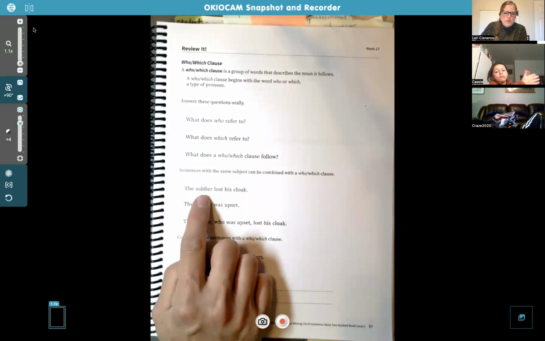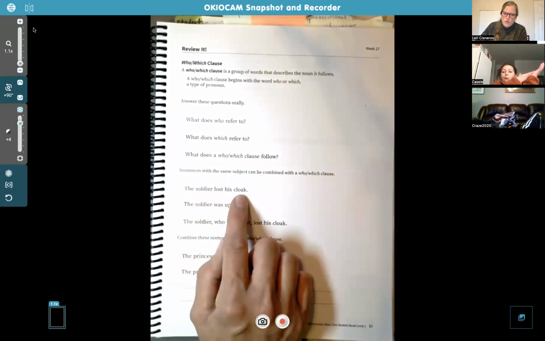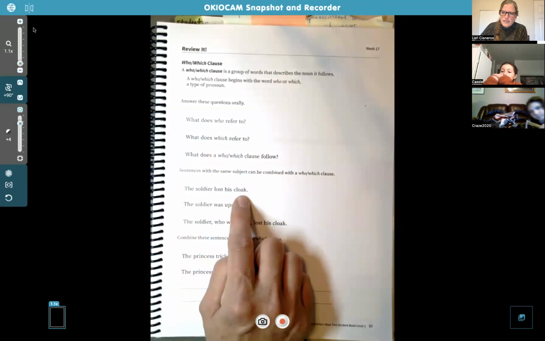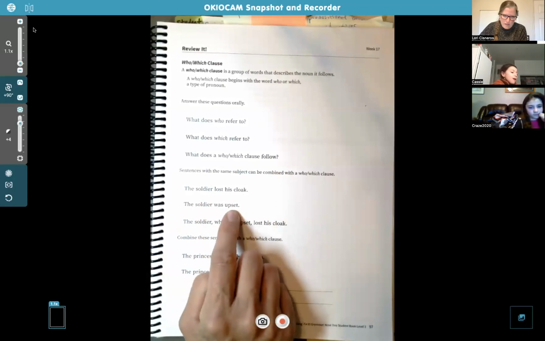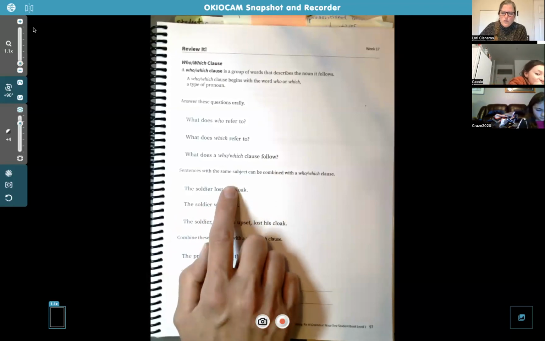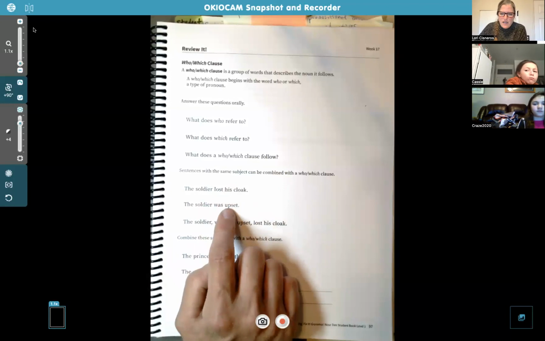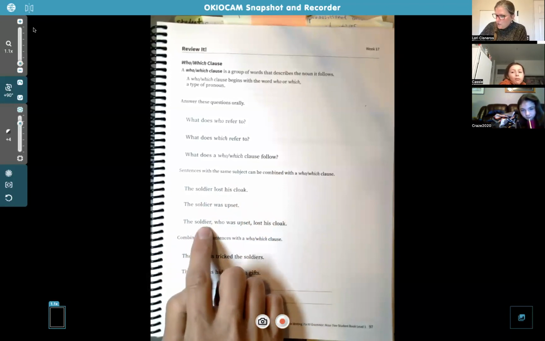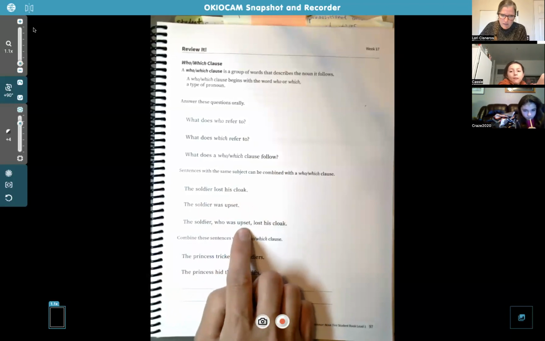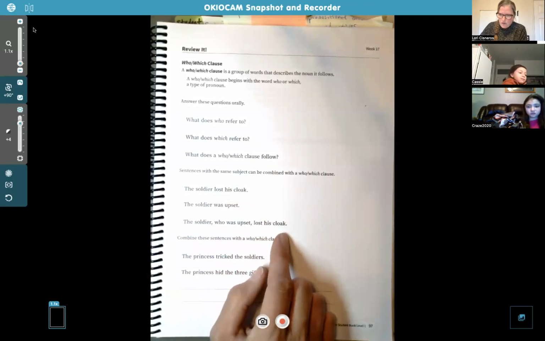Sentences with the same subject can be combined with a who, which clause. So here's some samples. The soldier lost his cloak. And by the way, cloak just means like jacket or cape kind of thing. The soldier was upset. Okay, those two sentences can actually be combined into one sentence here. The soldier who was upset lost his cloak.